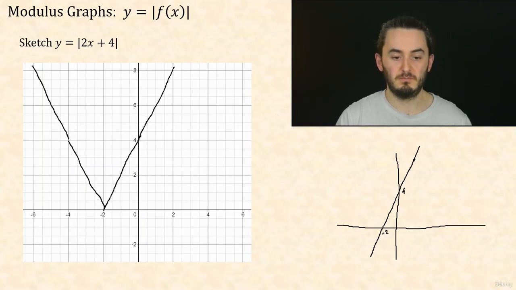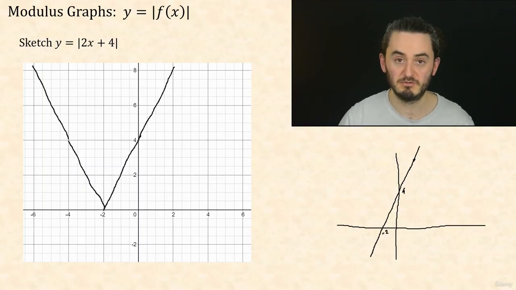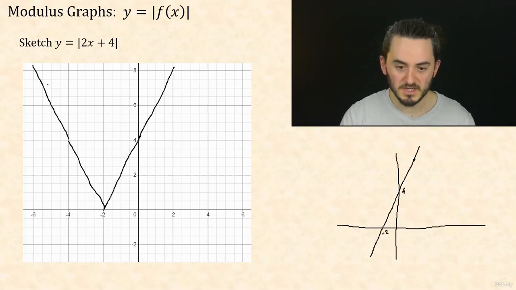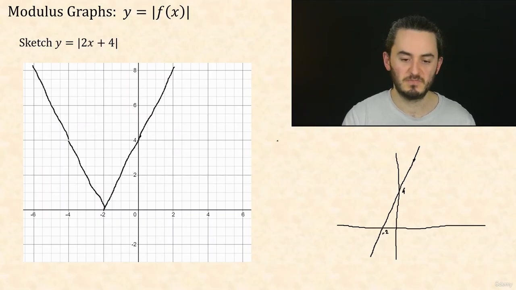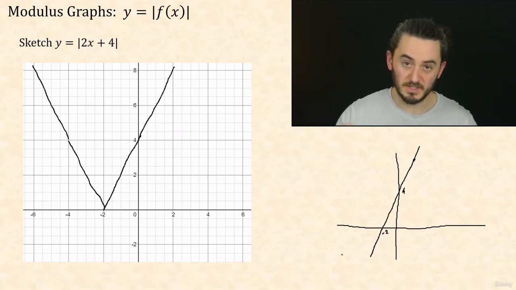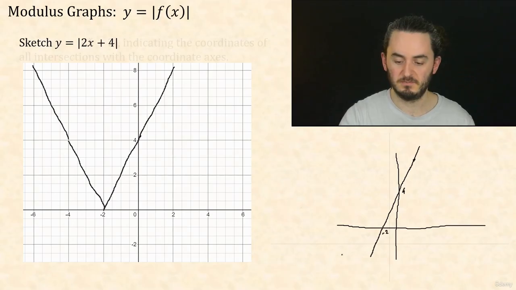Very often mod graphs, certainly if they're mods of straight lines, have this distinctive V shape. As a reminder, the part of the graph that was already positive, meaning the y value was positive, just gets left alone, and all of the stuff that was negative gets flipped up and made positive.